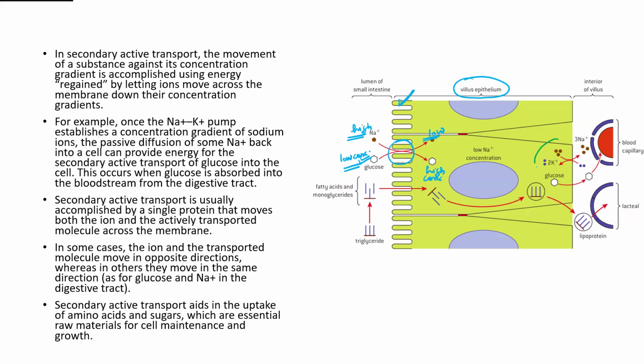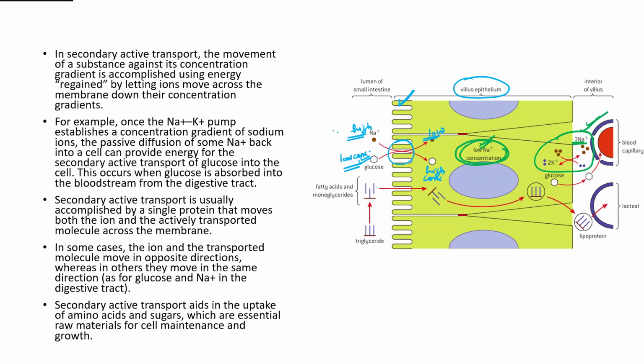So here what we are doing, first of all, we have to create inside the villi low sodium. So we are actually using the sodium potassium exchange pump in which we are pumping 3 sodium out. And because we are pumping 3 sodium out, the sodium inside is becoming low.